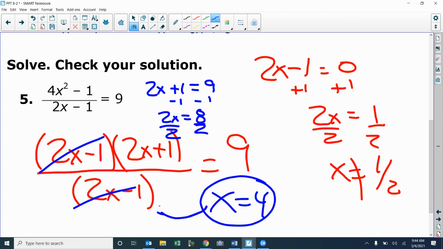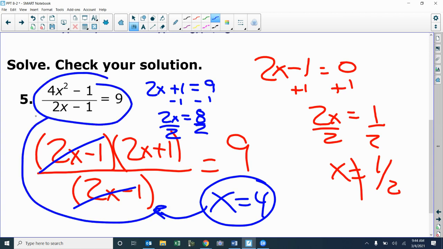X equals 4. Does that cause any problems here? Back up to this original problem. Does that cause any problems? We're 4. No, it doesn't. Okay. Do we have a good solution? Yeah, we do. Everybody good? Good? Yeah. Great.